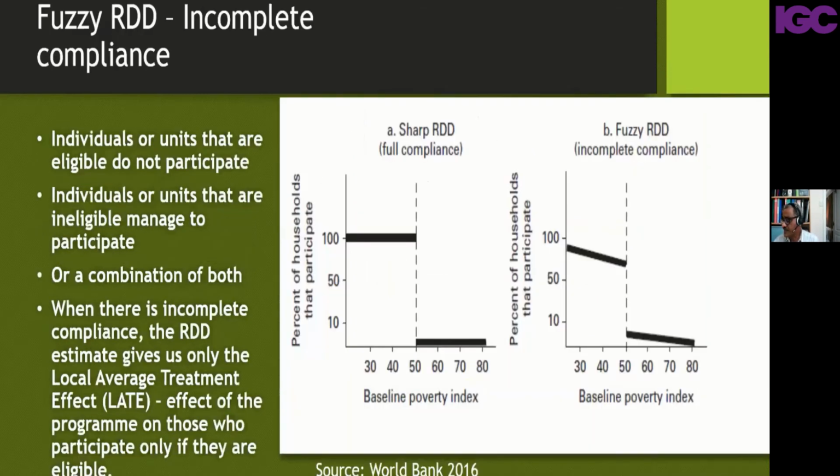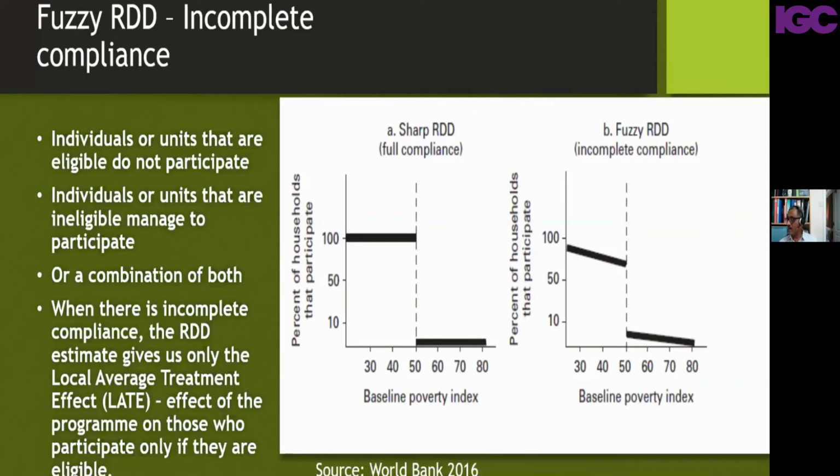Now, even when you are doing an estimation with the threshold, you can have instances of incomplete compliance. So take a look at this figure. The figure on the left shows full compliance.